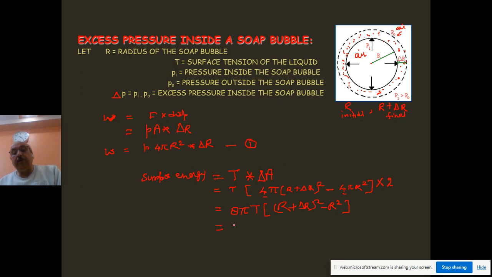If we open the bracket, it will be R square plus delta R square plus 2 R delta R minus R square. R square cancels out. As delta R is a very small quantity, delta R square is negligible.